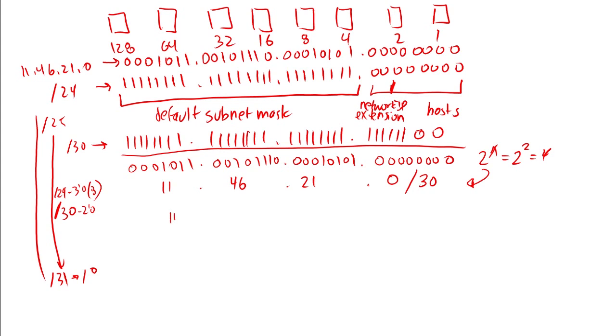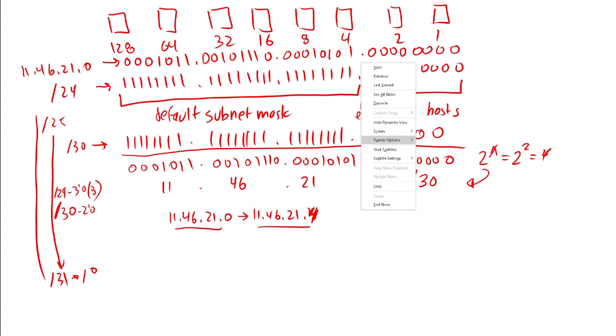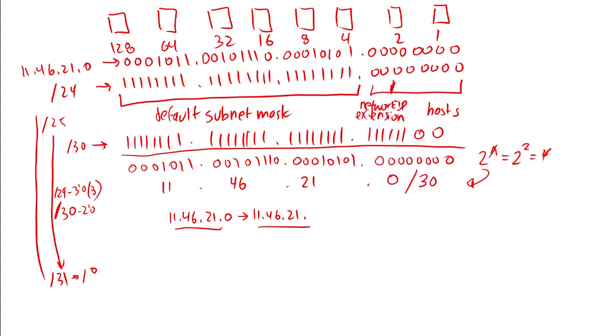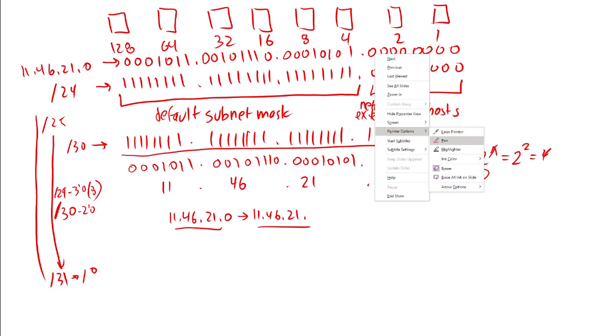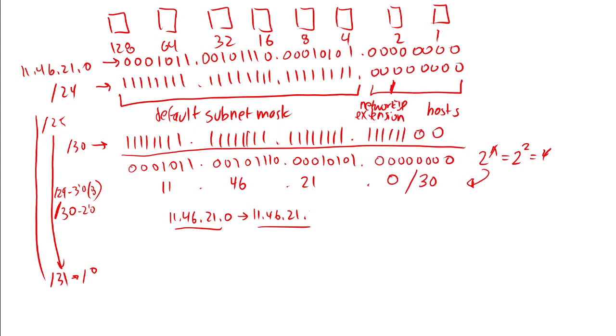In this case, 11.46.21.0 plus 4 gives us 11.46.21.4 as our network. And the first address is useless and the last address is useless. Sorry. It's 4 wide, so this shouldn't be 4, it should actually be 3, because our network is 4 wide.